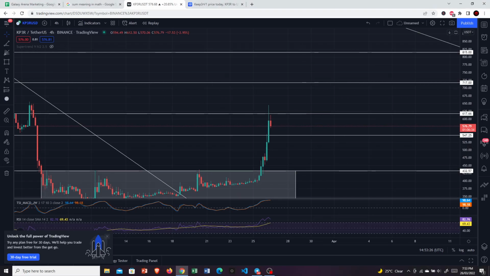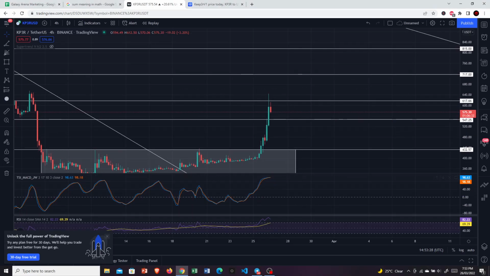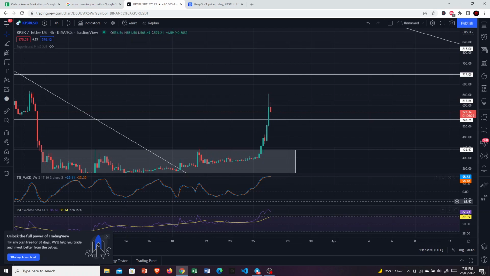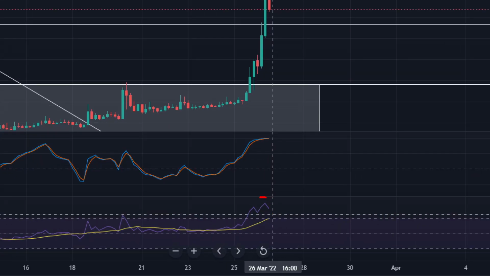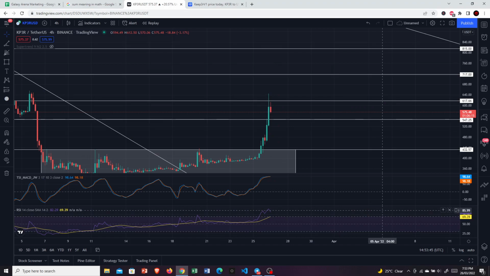But the thing over here is that, as you guys can see, I'm using RSI and TSI MACD on my chart, and RSI is way overbought. It was overbought over here and we had a dump. It is very overbought right now, at the 90 RSI region.